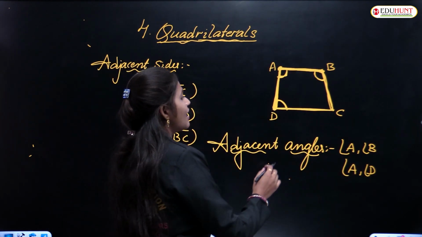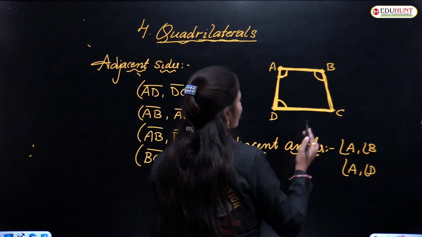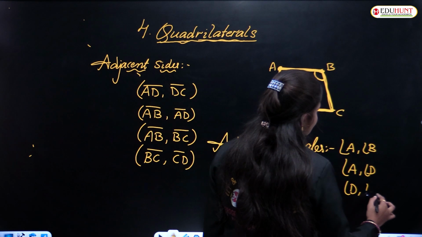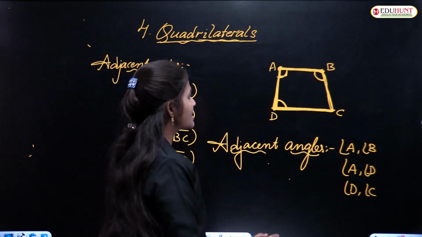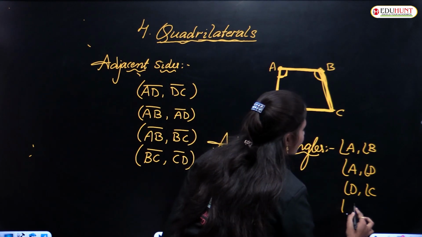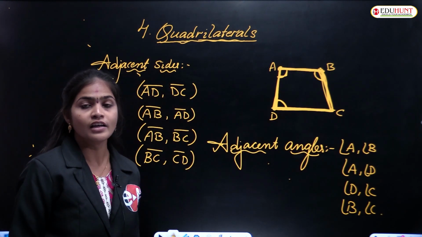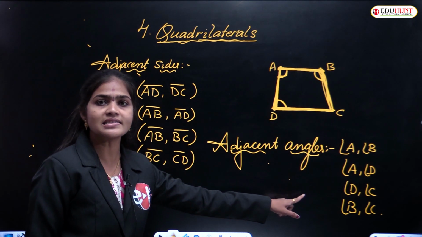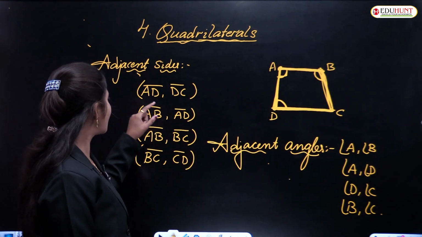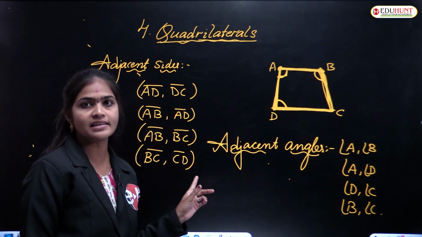Next, angle D and angle C have a common side, so they are adjacent angles. Next, angle C and angle B also have a common side, so angle B and angle C are adjacent angles. So how many pairs of adjacent angles are there? Four pairs of adjacent angles. And how many pairs of adjacent sides? Four pairs of adjacent sides.